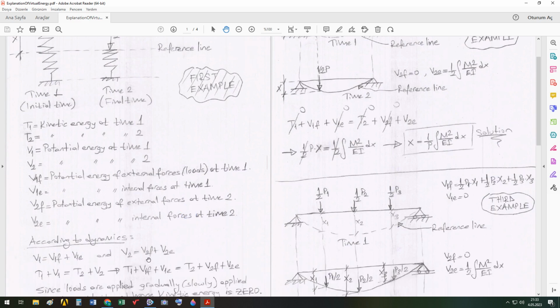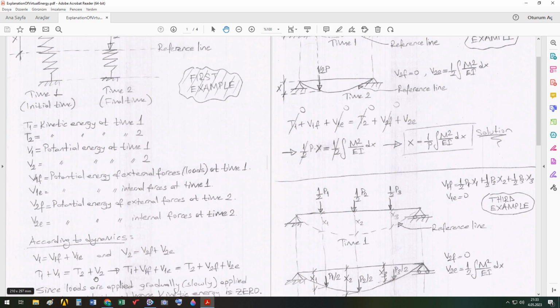According to dynamics, the summation of kinetic energy and potential energy at time 1 equals the summation of energies at time 2, depending upon the conservation of energy rule.